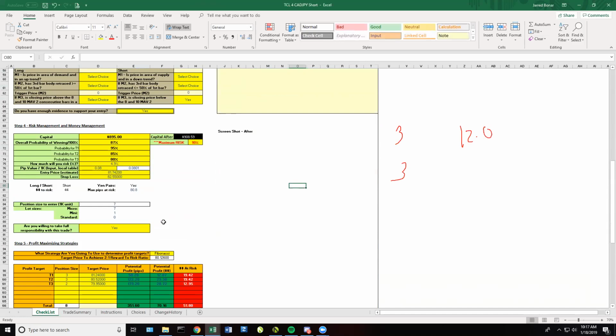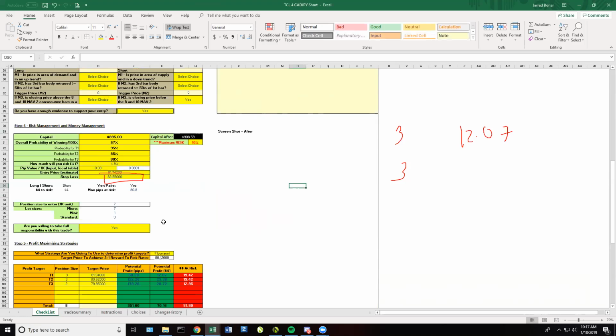So the potential profit is $12.07. Now say, for example, T2 didn't get hit, since you have an 85%. What if it went down to your stop loss of 82.55?